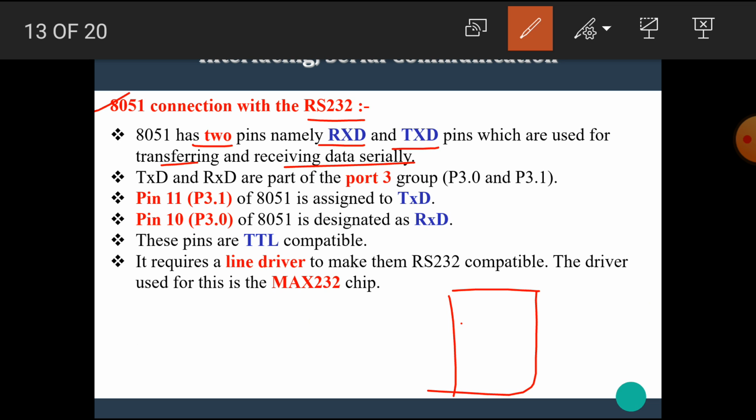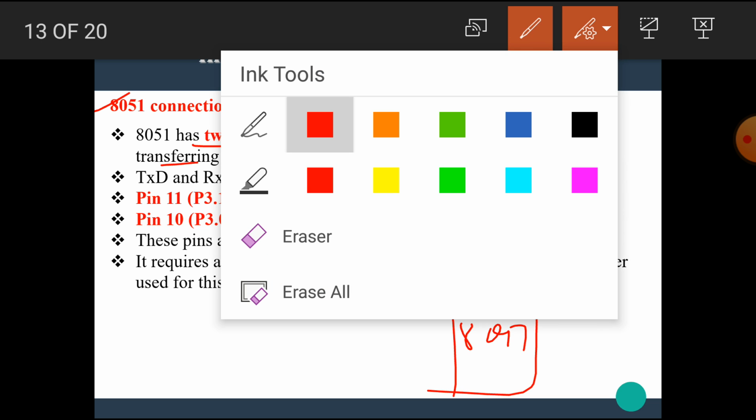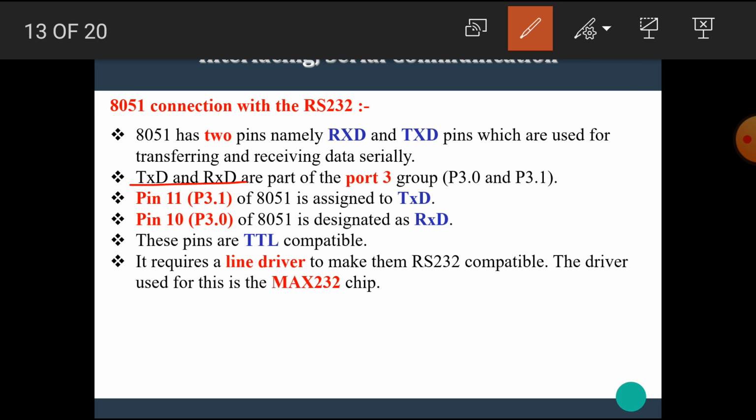In the pin diagram of the 8051 microcontroller, we see there are two pins for transmission of data known as TxD and for reception of data named as RxD. TxD and RxD are part of port 3, pins P3.0 and P3.1. Pin 11, that means P3.1 of 8051, is assigned to TxD, while pin 10, P3.0 of 8051, is designated as the RxD.